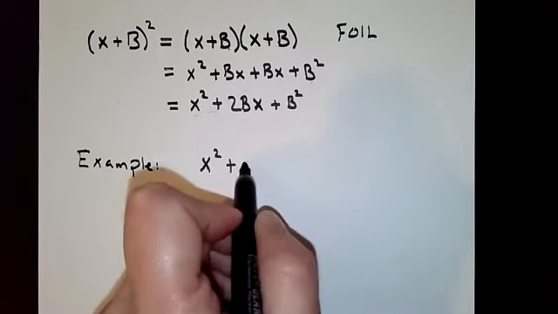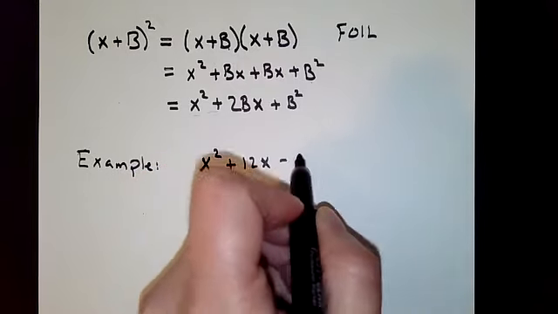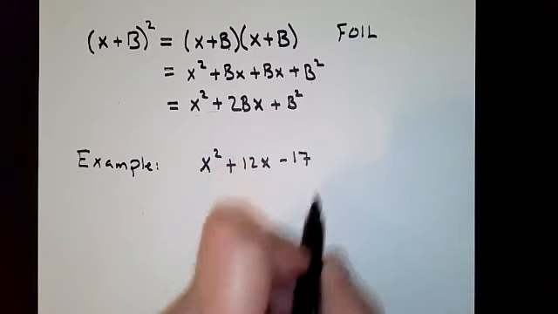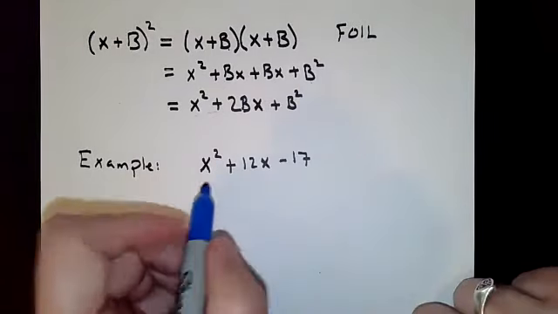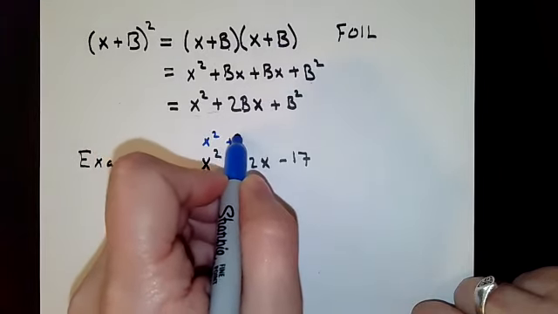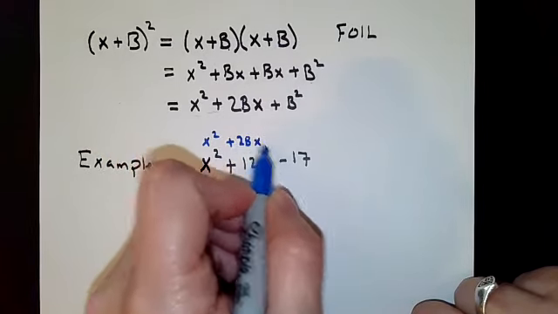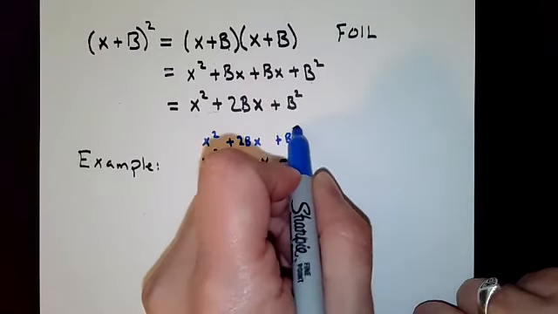Okay, so x squared plus 12x minus 17. Now, what we want to do is match this against the pattern. So the pattern is x squared plus 2 times b times x plus b squared.